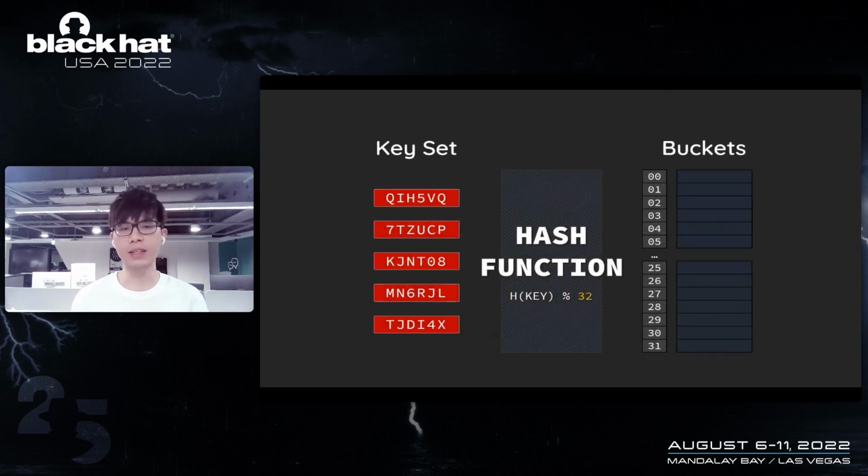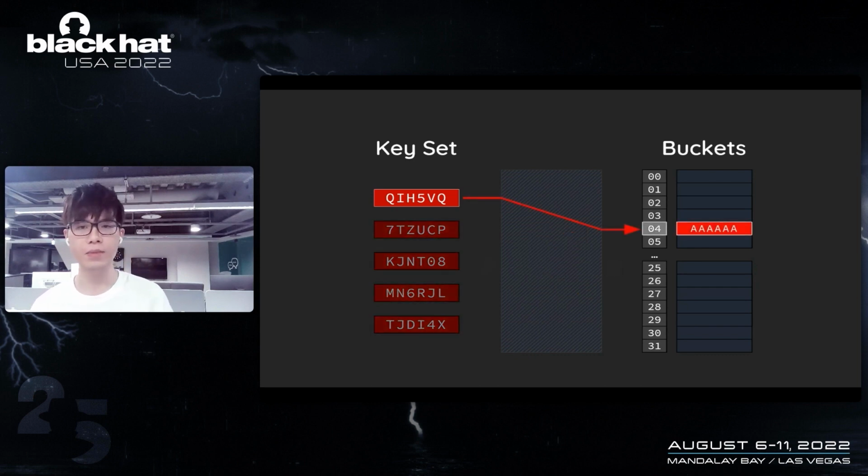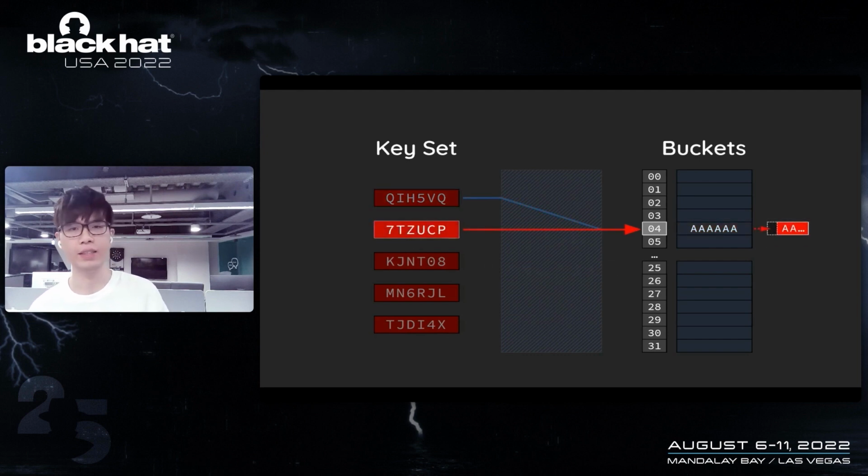For example, the attacker has crafted several malicious records on the left side. The hash function in the middle will process and convert the record into an index. The first record is converted to index 4 and put into the corresponding bucket. The second is also put into the same bucket.